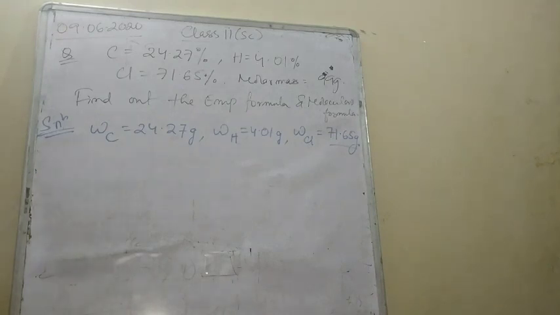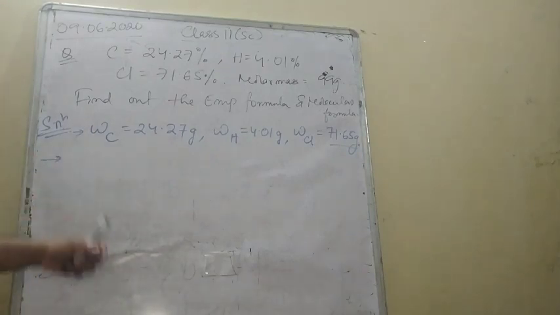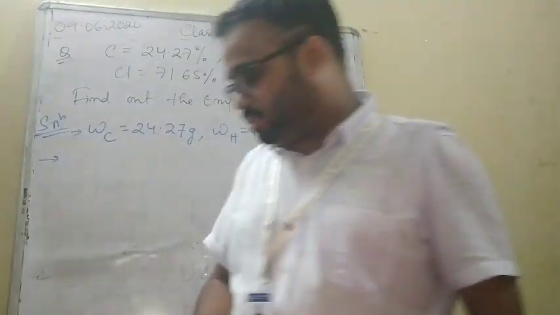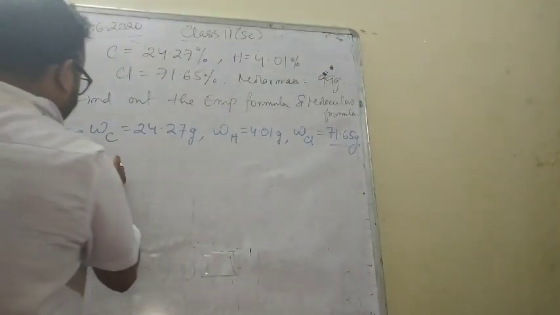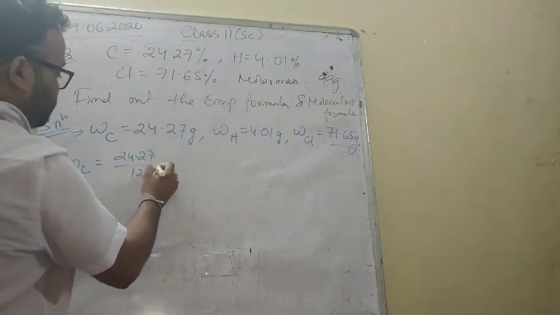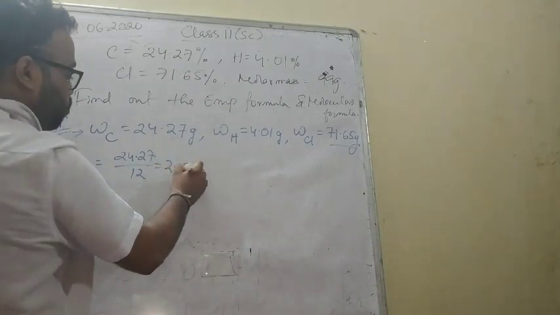Next step is find the number of moles. Number of moles is equal to given mass by molar mass. For carbon, approximately 2.02.